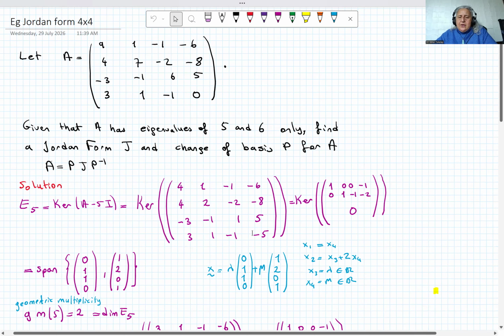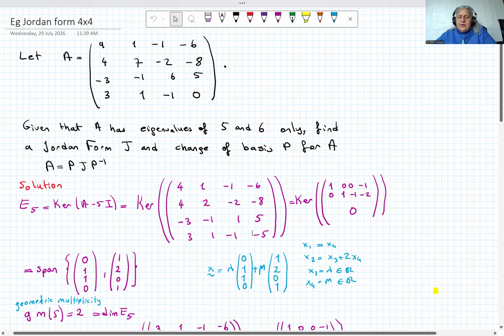It means that you have these vectors, and they will be the basis of this space. So that's what I'm saying here. It is spanned by (0, 1, 1, 0) and (1, 2, 0, 1). And the geometric multiplicity will be 2, right? Because we have the 2 basis vectors that we found. The geometric multiplicity for 5 is 2. Now have a look at the geometric multiplicity of 6.